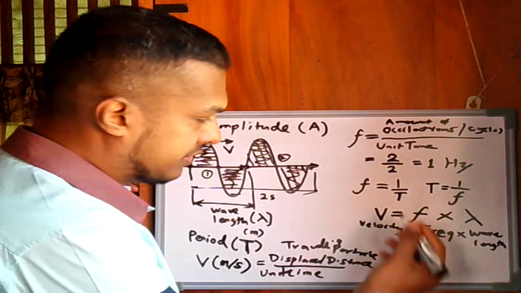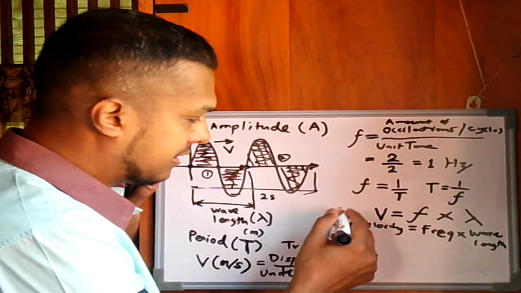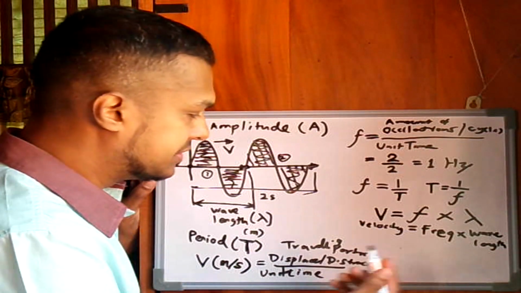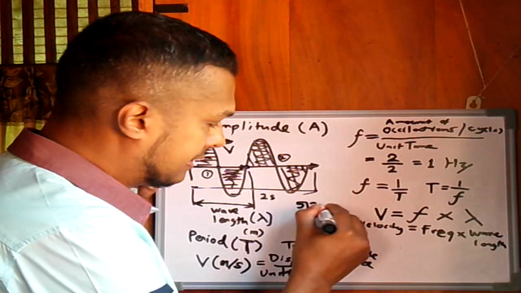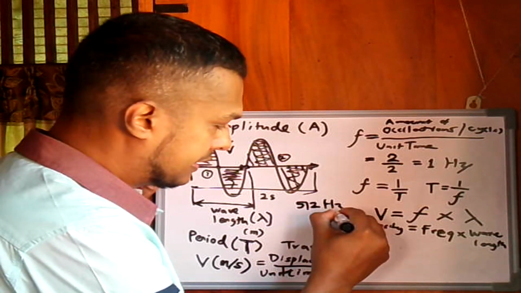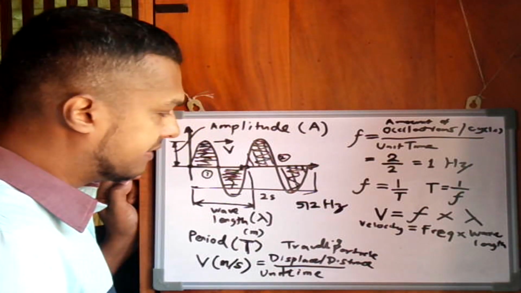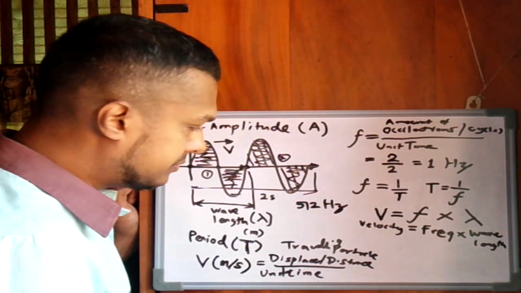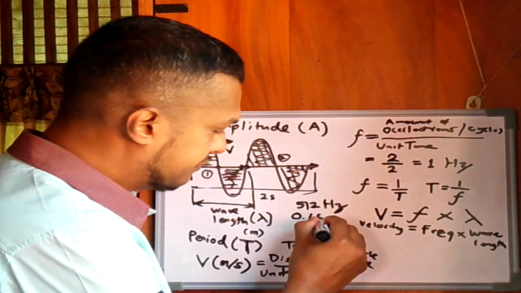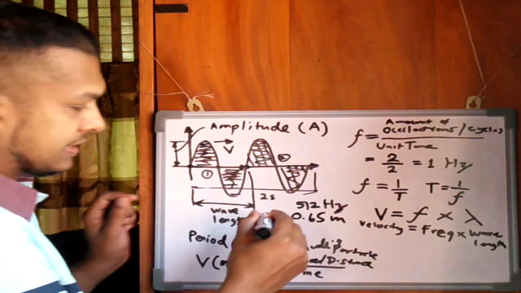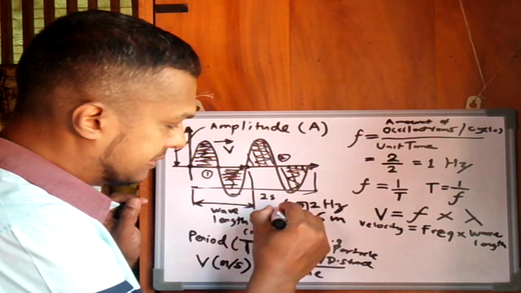So if we consider a small problem for this, let's say a fork is tuned at a frequency of 512 hertz, and it also has a wavelength of 0.65 meters. That's the wavelength, lambda, and that's the frequency.